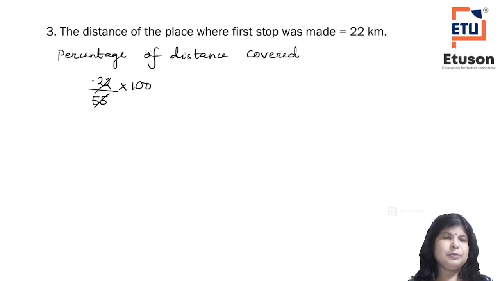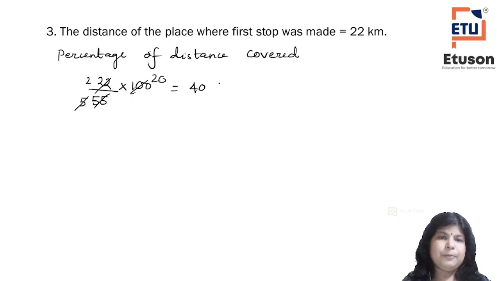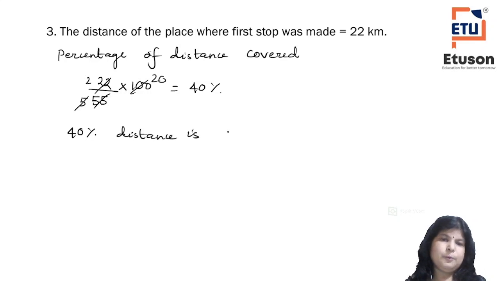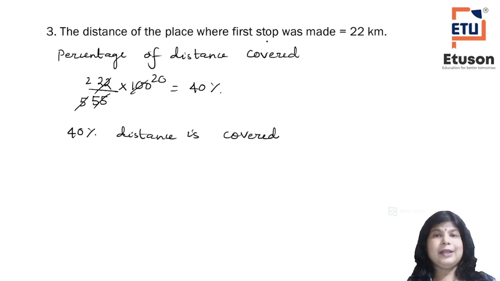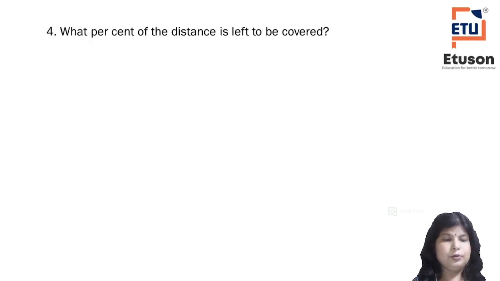It is divisible by 11, so you get 2 and 5. So here you get 20. So 40% distance is covered by the time they reach their first stop. Correct? So now let us go to the next part.